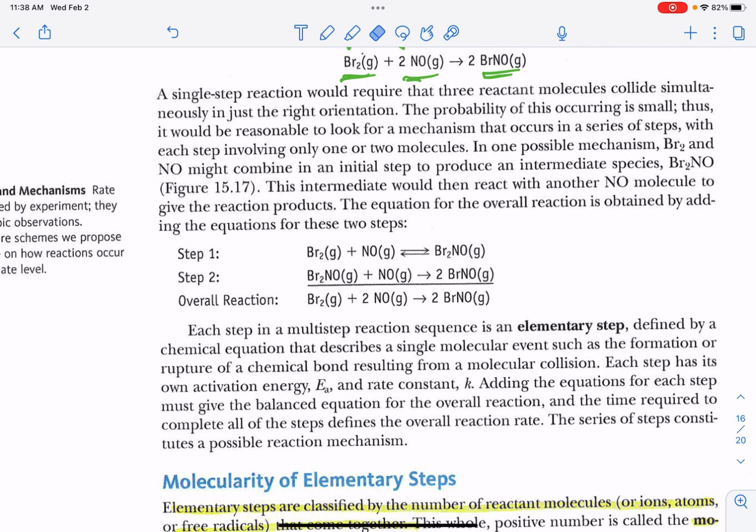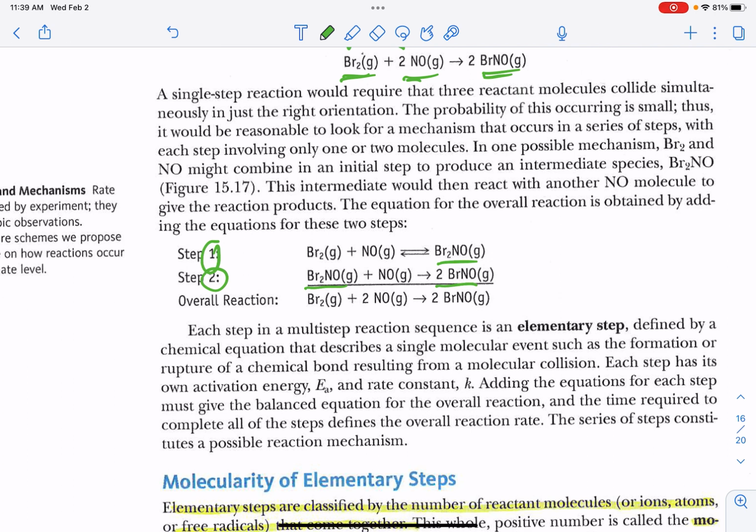Step number one would be where a bromine molecule collides with a nitrogen monoxide molecule and makes some intermediate product that looks like this. And then in a second step, that same unusual compound, Br2NO, strikes the other nitrogen monoxide molecule to produce this compound right here.